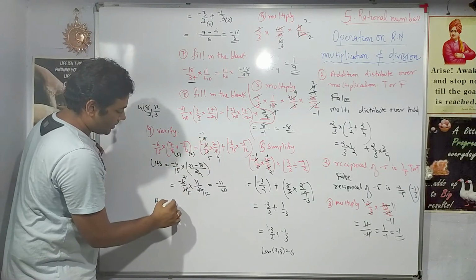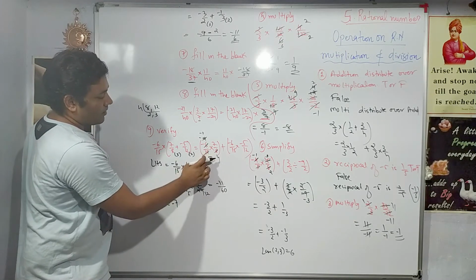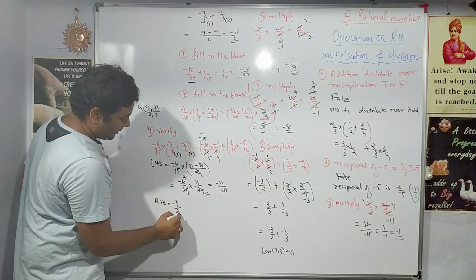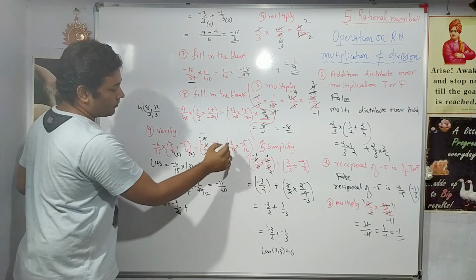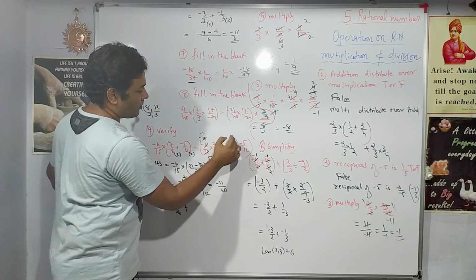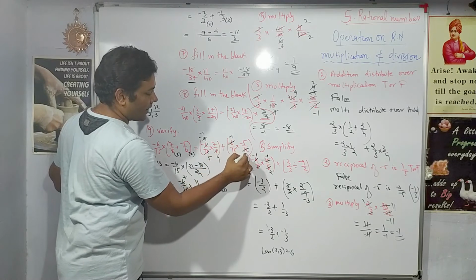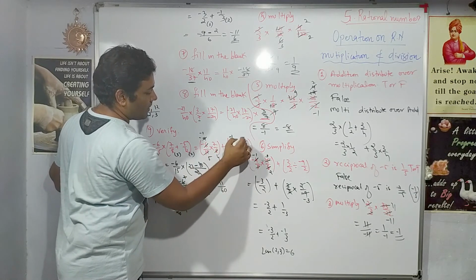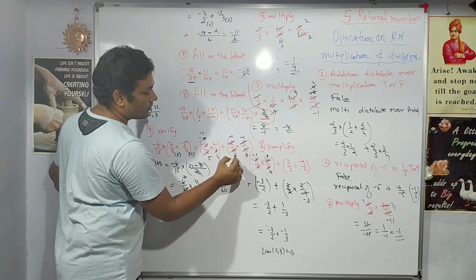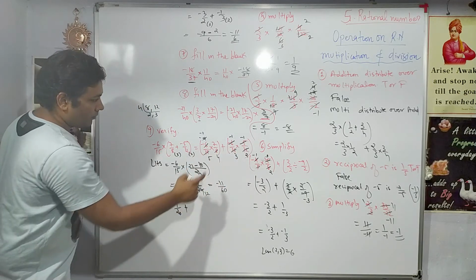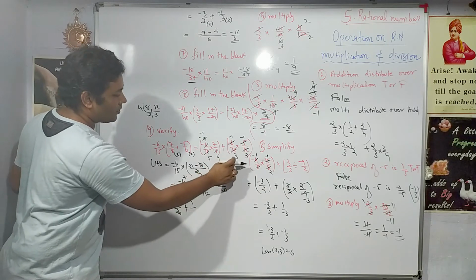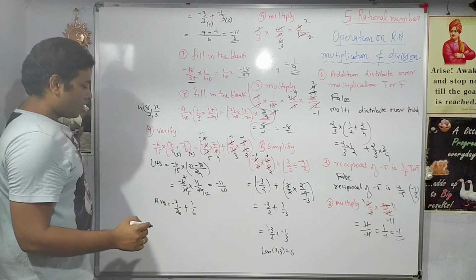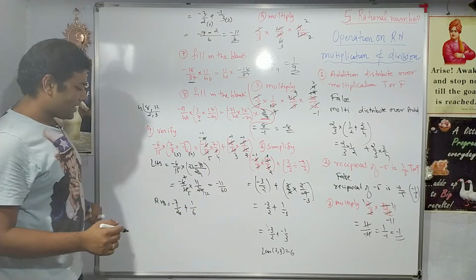Minus 1 into 7, minus 7, and 5 4s are 20, plus this plus. Then here this one, 6 by 6 and 2 6s, minus 1 into 5, 3 into 5. What will be in the numerator? Minus 1 into minus 1 will be plus 1, denominator will be 6. What will be the LCM of 20 and 6?